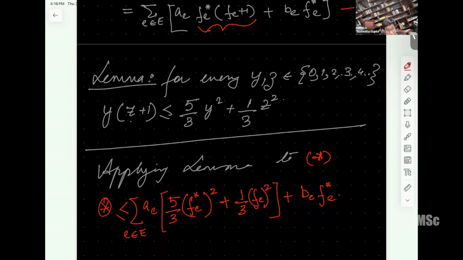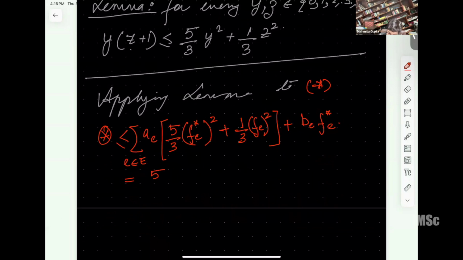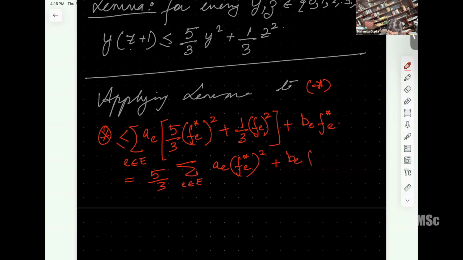Okay. All right. So now I can do 5/3 summation over e, this is f star e squared plus BE f star e.